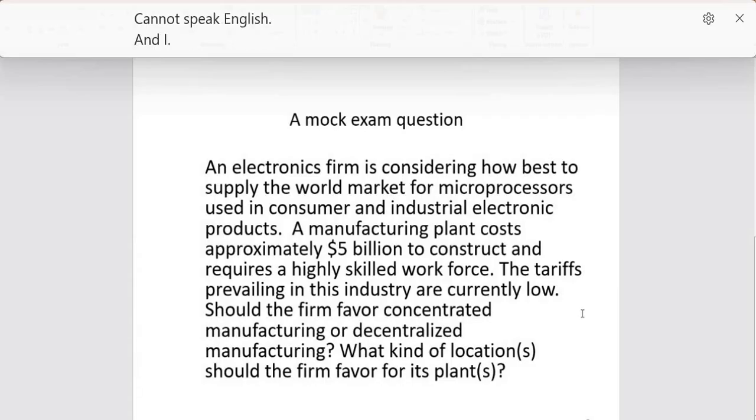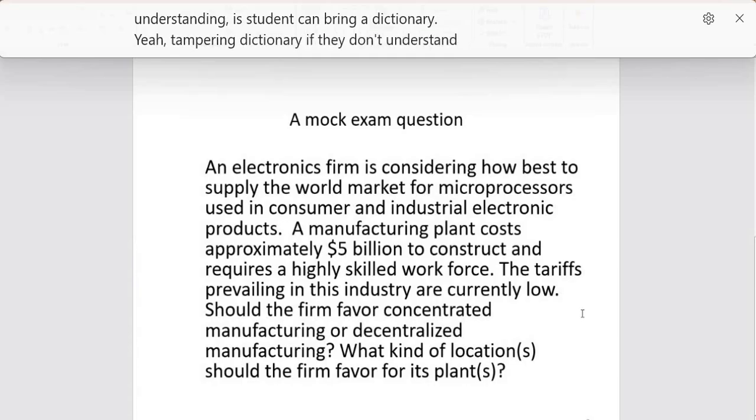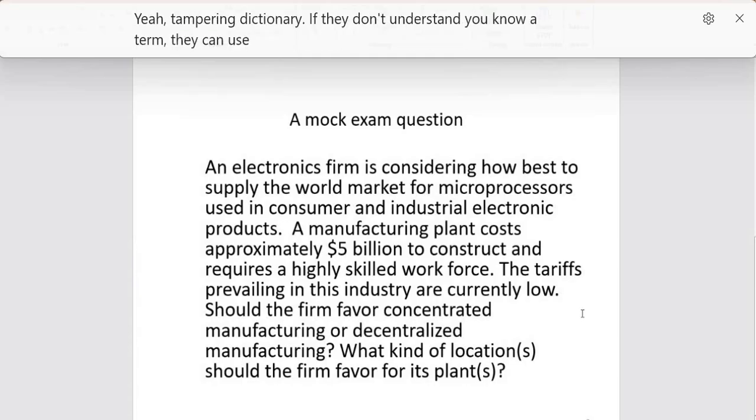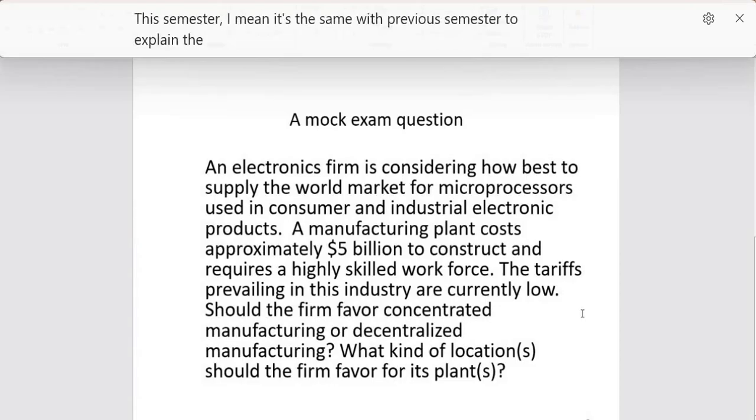I don't think it's allowed by the university, but to my understanding, students can bring a dictionary. If they don't understand a term, they can use a dictionary. But this semester is the same as the previous semester: I have to explain the assignment in Mandarin, in Chinese.